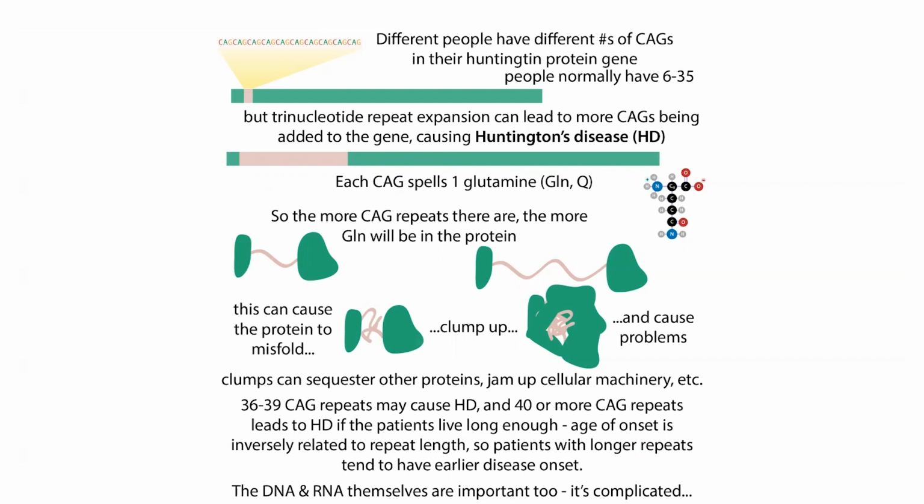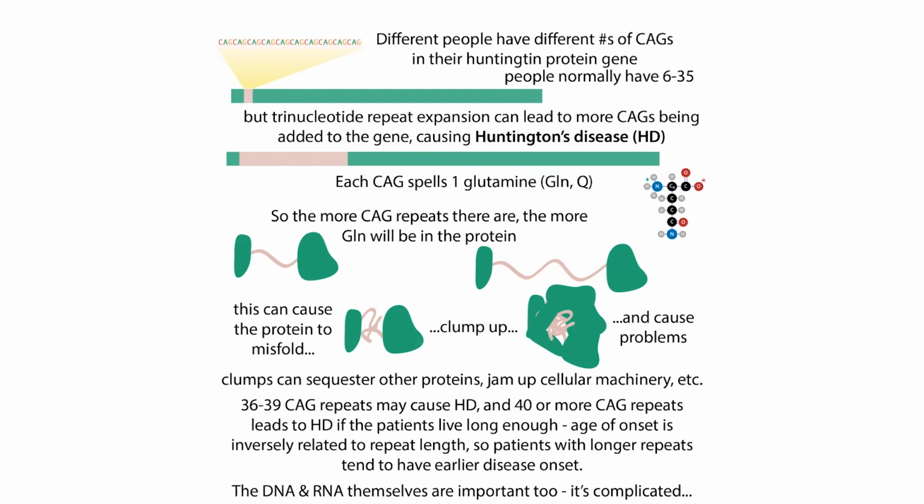Although there are a lot of different factors that can come into play, and scientists are trying to figure out better what is modifying this, what makes it so that people are getting disease symptoms at different ages, despite having the same number of repeats. But in general, the longer the repeat length, the earlier the onset of the disease.